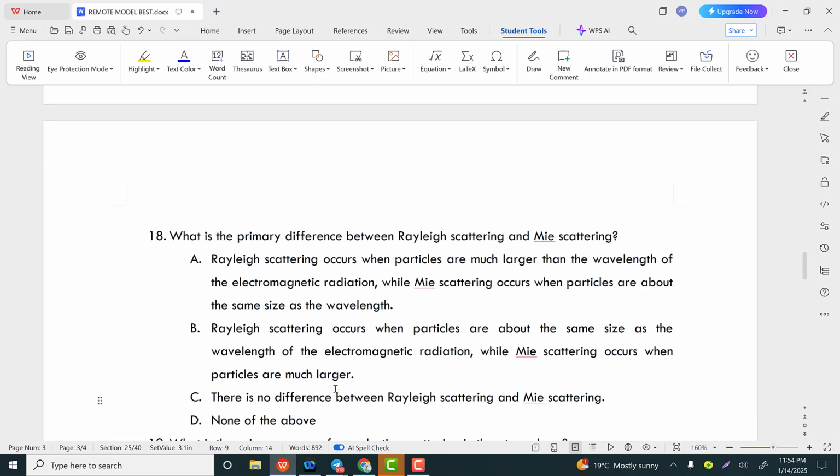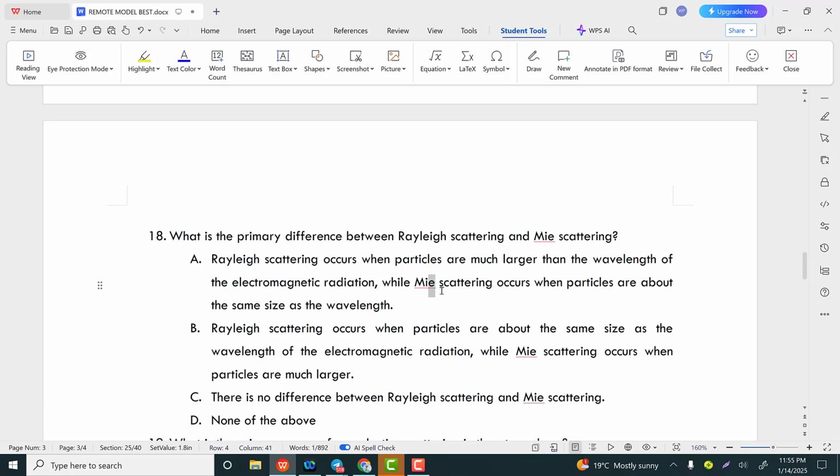Question number 18. What is the primary difference between Rayleigh scattering and Mie scattering? A. Rayleigh scattering occurs when particles are much larger than the wavelengths of the electromagnetic radiation, while Mie scattering occurs when particles are about the same size as the wavelengths. Mie scattering occurs when particles are about the same size as the wavelengths.